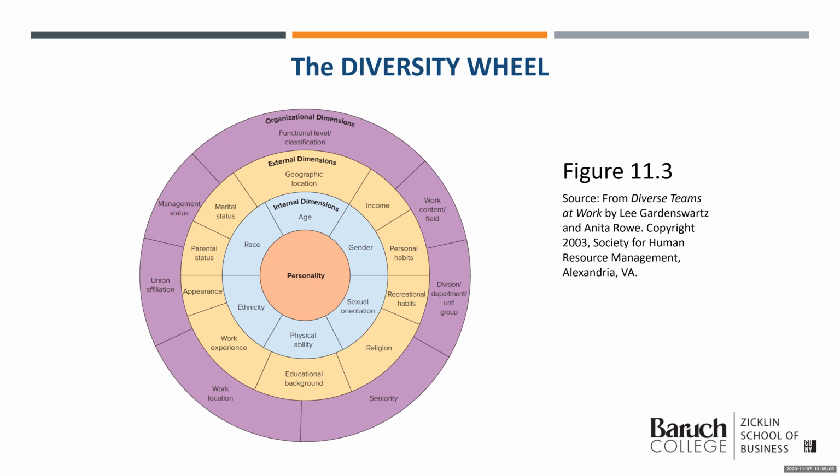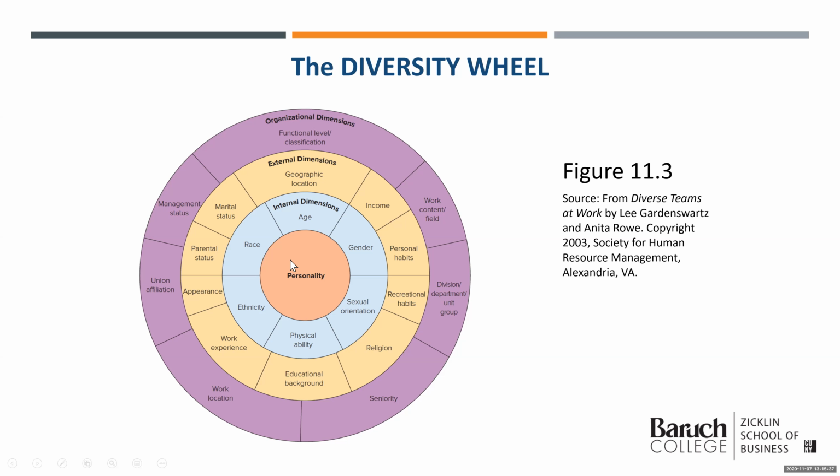One way to think about diversity, though, is captured in this what's called a diversity wheel. So you can see there's different dimensions along which diversity exists, right? At the core of this wheel you have personality and internal dimensions. These differences exert a pretty powerful and sustained effect throughout your life, right?